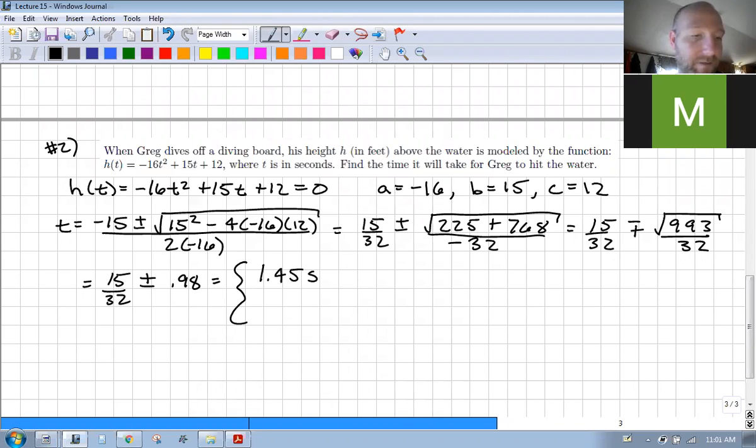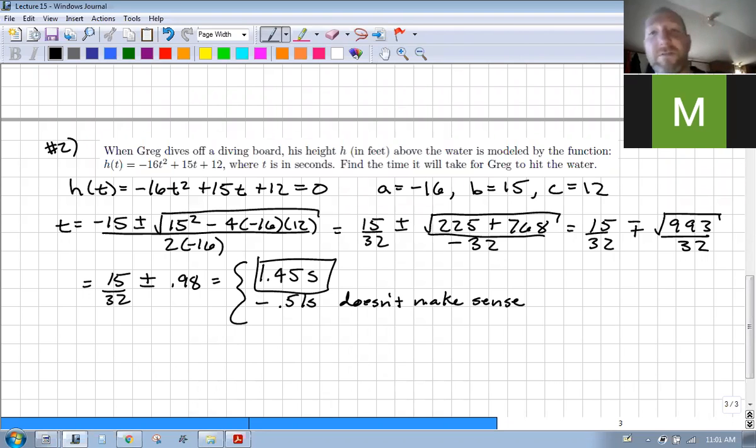And 15 divided by 32 minus 0.98 is a negative 0.51 seconds, which again doesn't make sense to have a negative time. So it takes 1.45 seconds for him to hit the water. Any questions? All right.